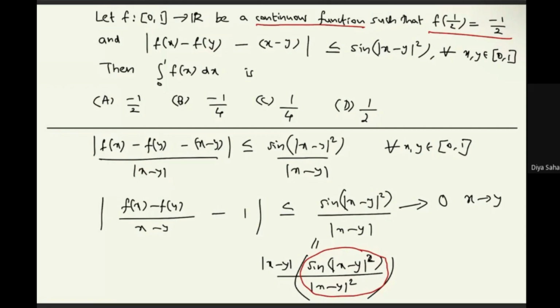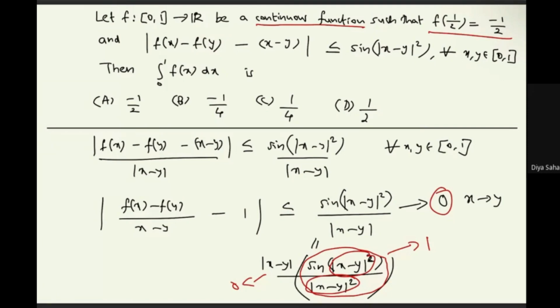Because you know about this limit, sine of something by something, where that something is tending to 0, this term tends to 1 and this tends to 0 as x tends to y. That is why altogether this tends to 0 into 1, which is 0. That's how you got this right hand side tends to 0.